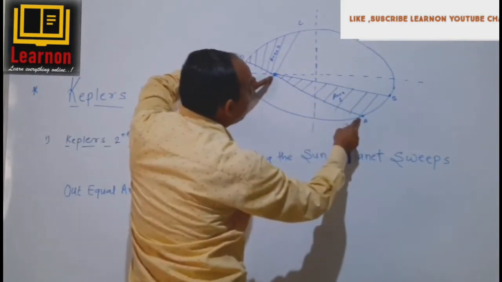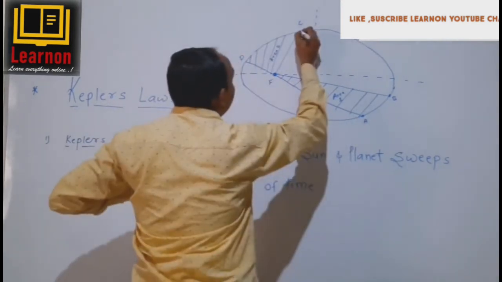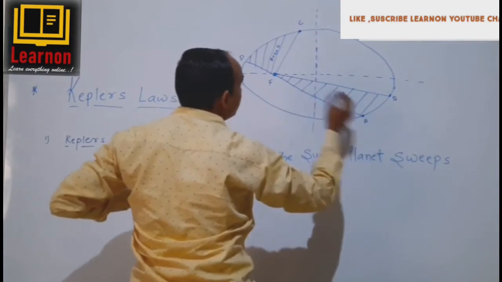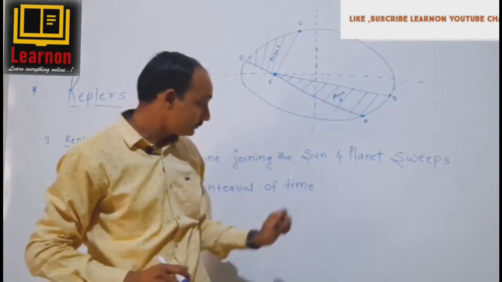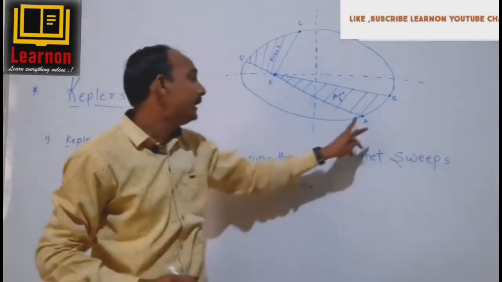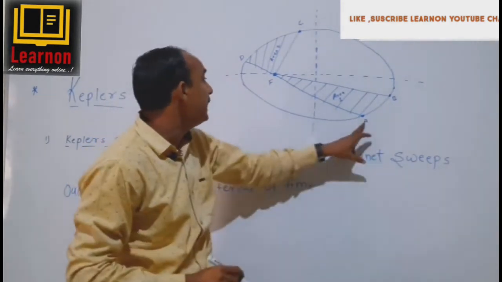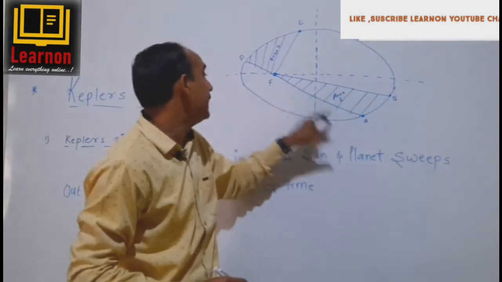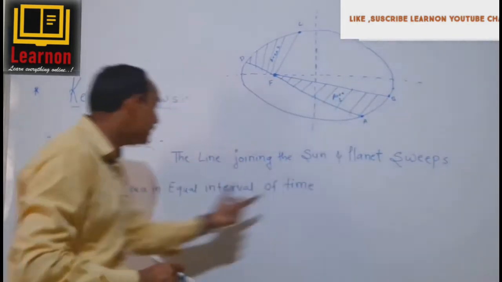Suppose at point A and at point C there are two different planets, we can say. Both the planets are starting at the same time. As the planet goes from C to D and the other goes from A to B, the area AFB and the area DFC will be equal according to this law.